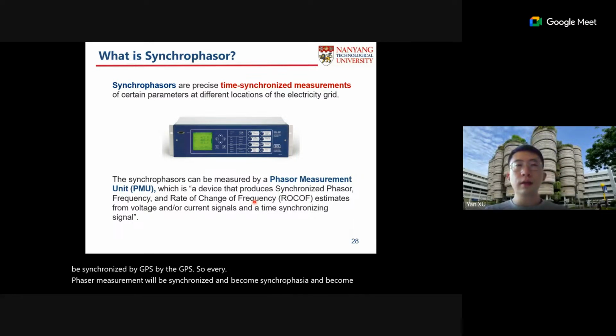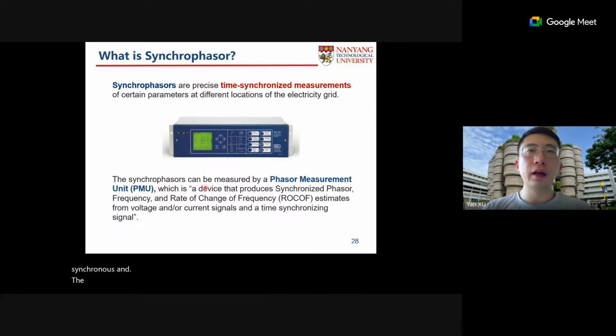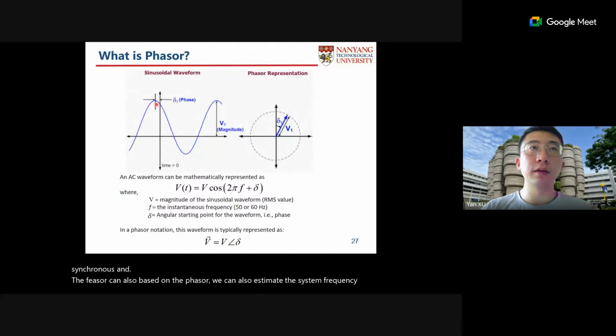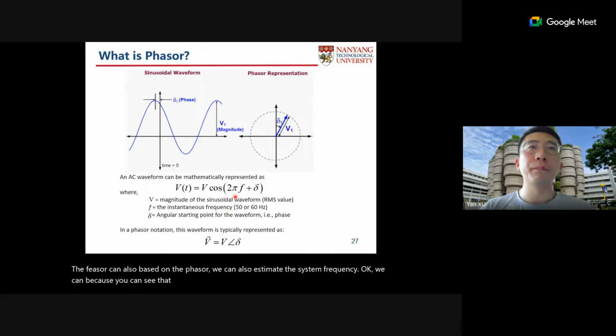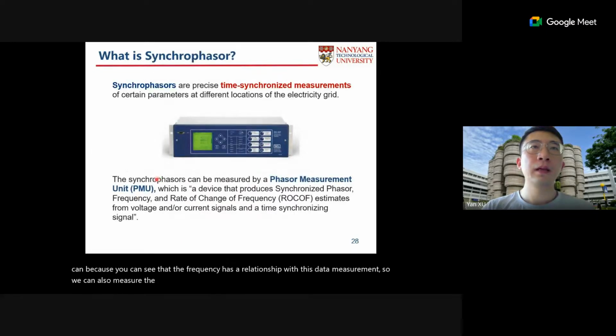Based on the phasor, we can also estimate the system frequency, because you can see that the frequency has a relationship with the phasor measurement, so we can also measure the frequency as well. Now, the PMU in practice can measure the synchronized phasor, the frequency, as well as the rate of change of frequency, estimated from the voltage and current signal and a time synchronizing signal.